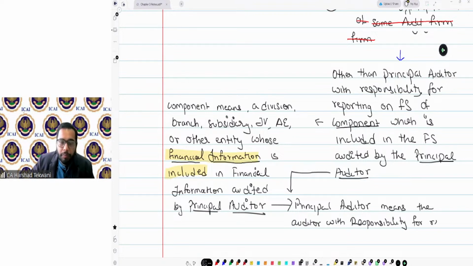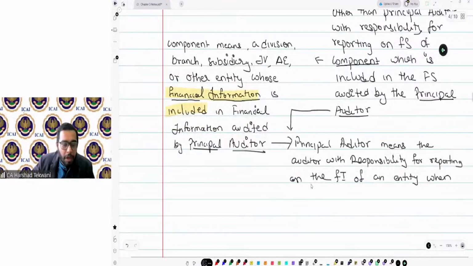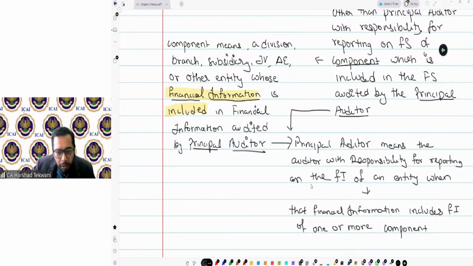for reporting on the financial information of an entity, when that financial information includes financial information of one or more components audited by another auditor.